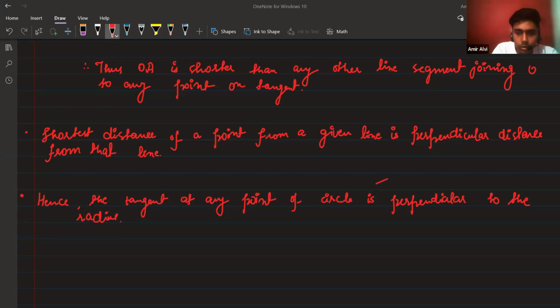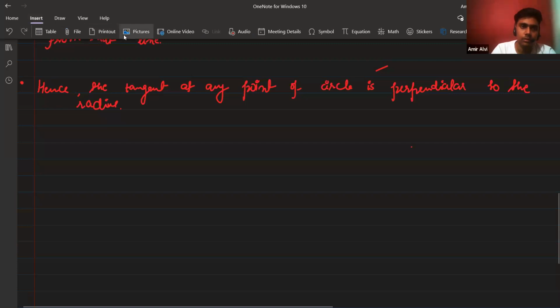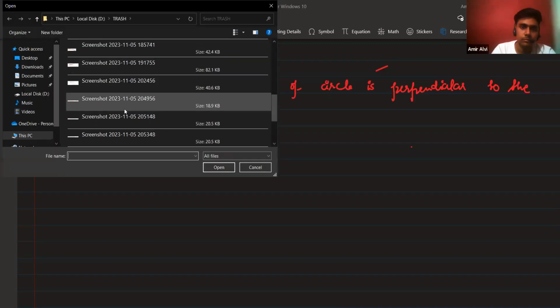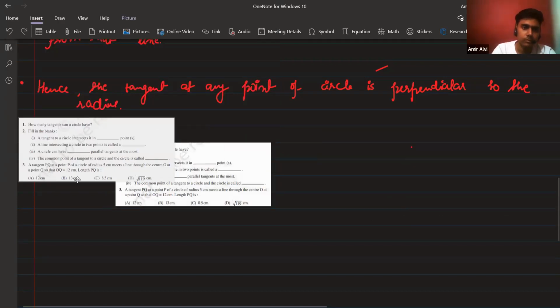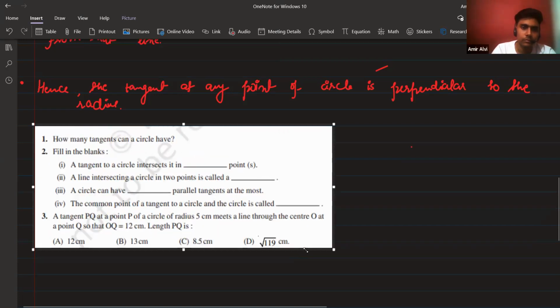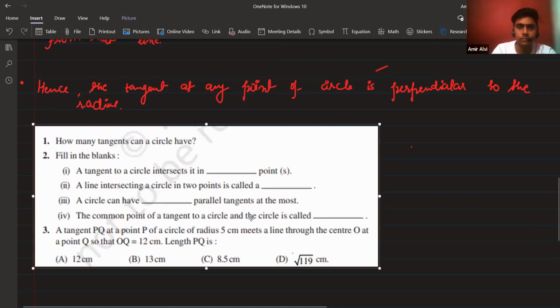So let's take the NCERT exercise. Can you go to the starting of the proof?